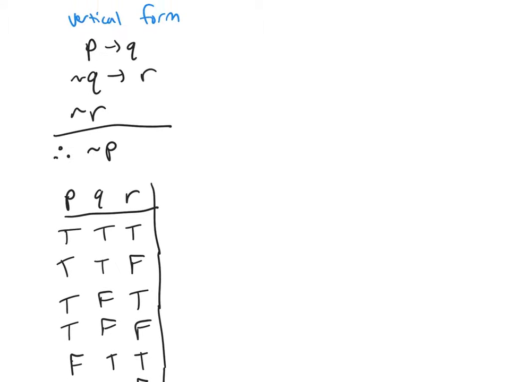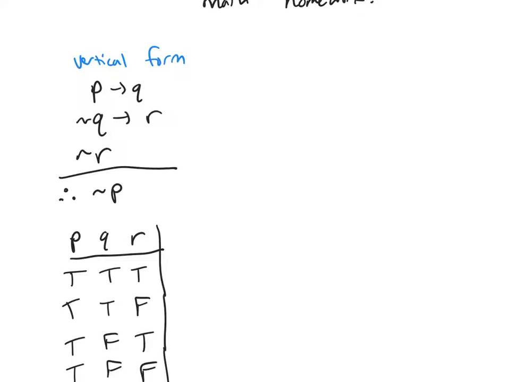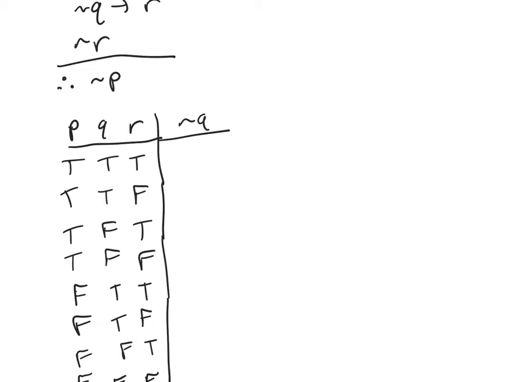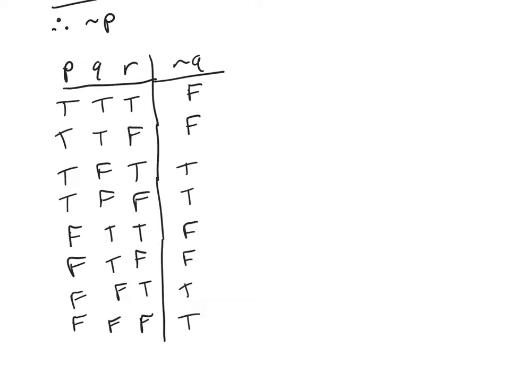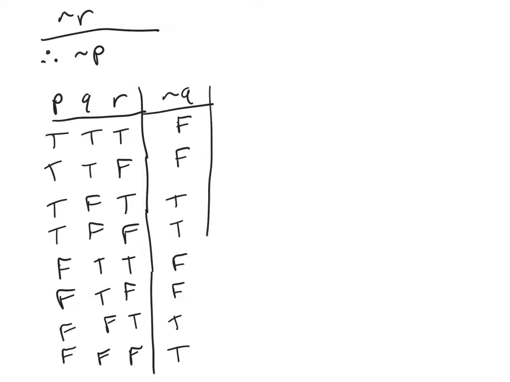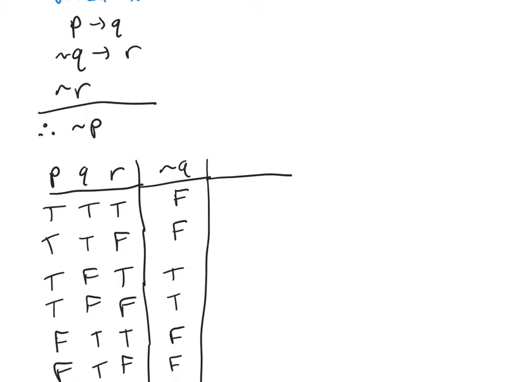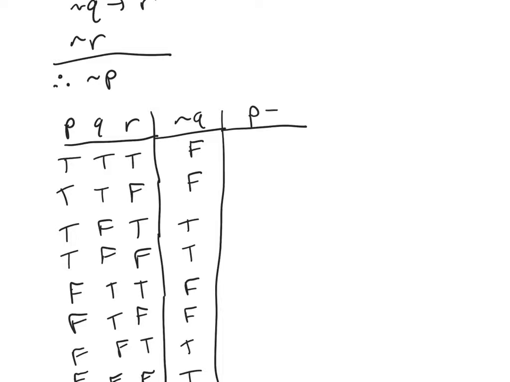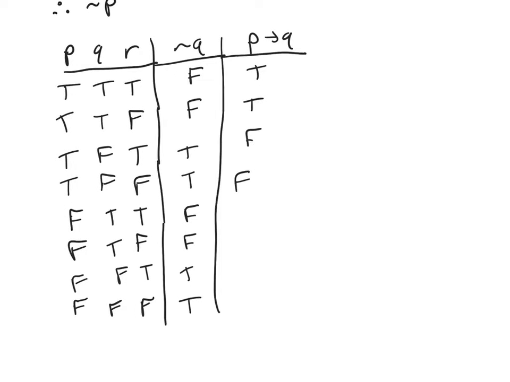If I look at what I'm going to need for my premises, I'm going to need not Q. So flip the entries of Q. And then I can start making my premises now. So the first premise is if P, then Q. True, true, false, false, and then the rest are automatically true.